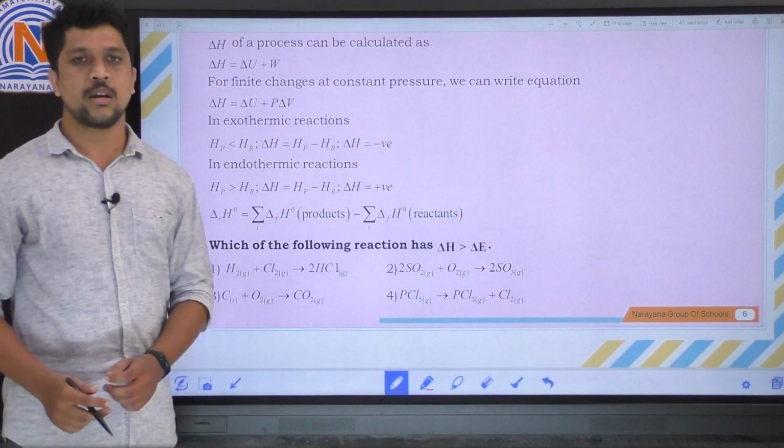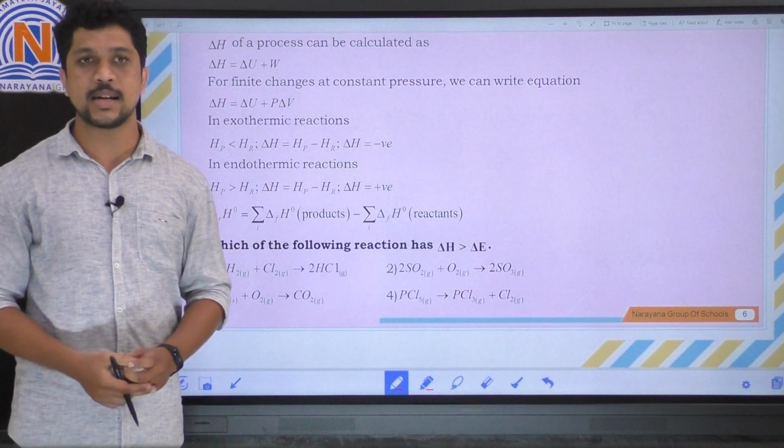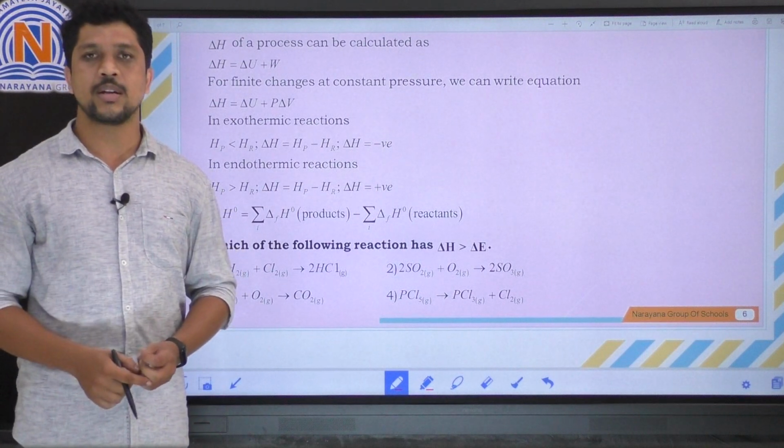Here the question: which of the following reactions has delta H greater than delta E?